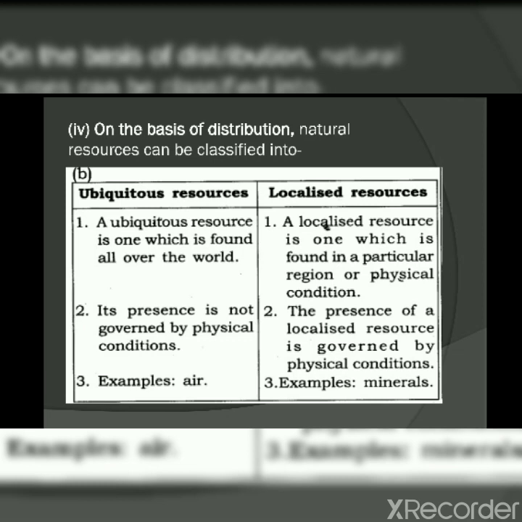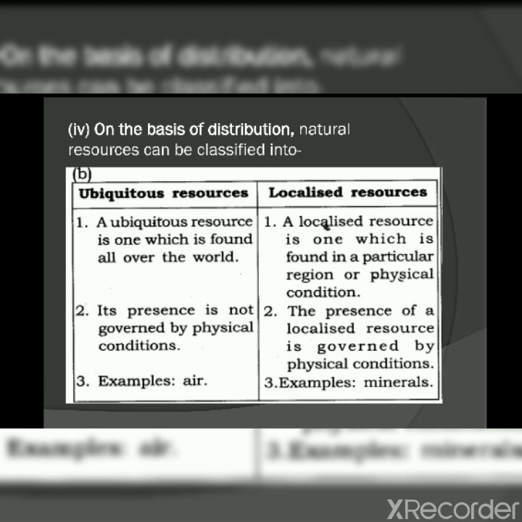That means these resources may only be found in a particular condition or in a particular region, not everywhere in the world. Ubiquitous resources are not governed by any physical condition. Whereas the localized resources are governed by physical conditions. That means physical conditions of the environment will affect the localized resources, whereas physical conditions will not affect ubiquitous resources.